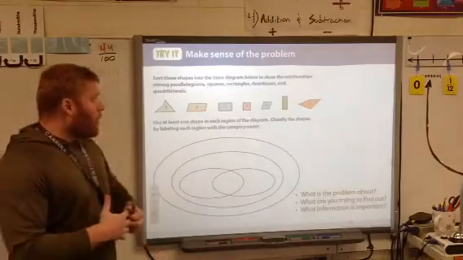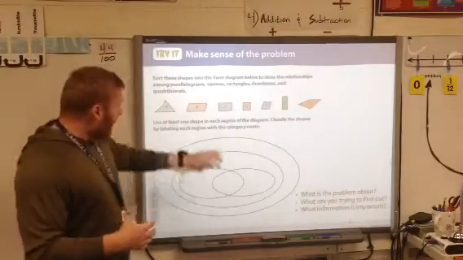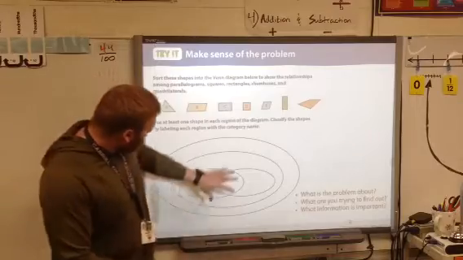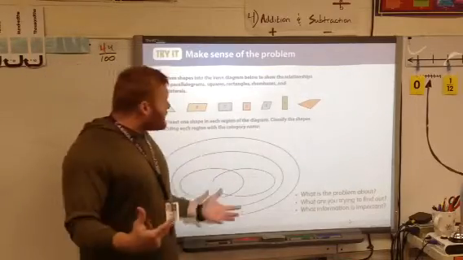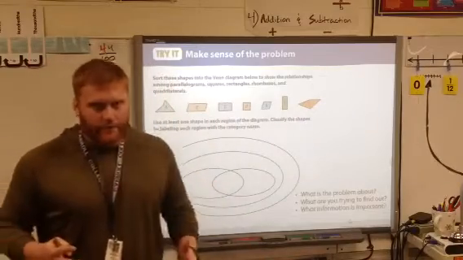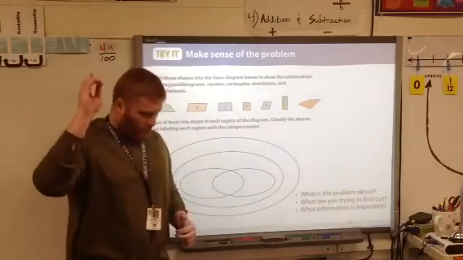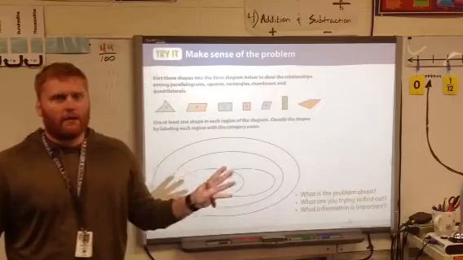So in a hierarchy, which is a Venn diagram, the outermost circle is our most general polygons. Our innermost circle is the most specific polygons. Most general means the least amount of attributes. Let's just say quadrilateral. Quadrilateral has one attribute and one attribute only, and that is a 4-sided figure. That's it.